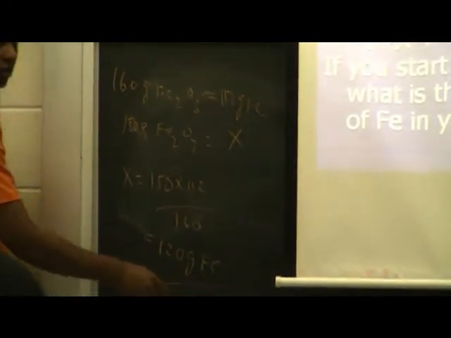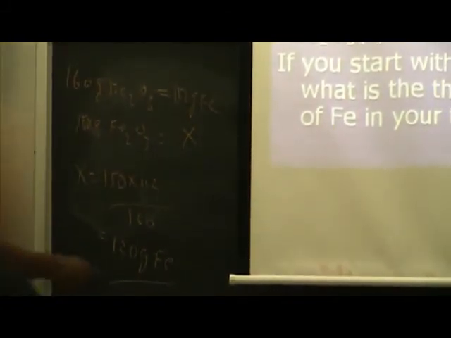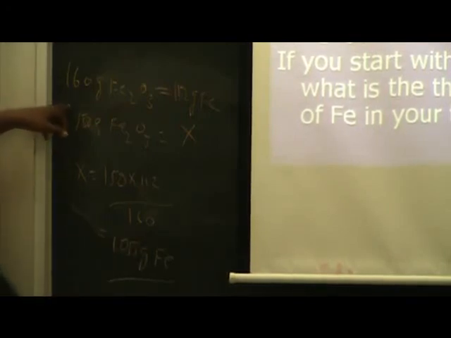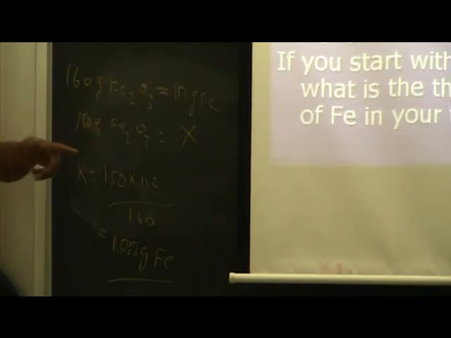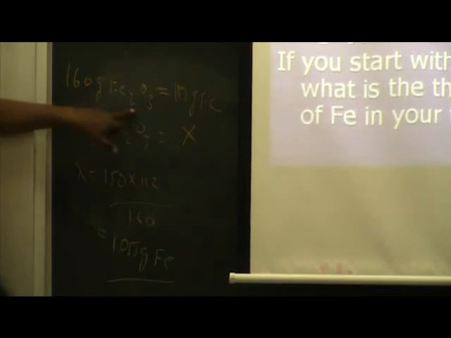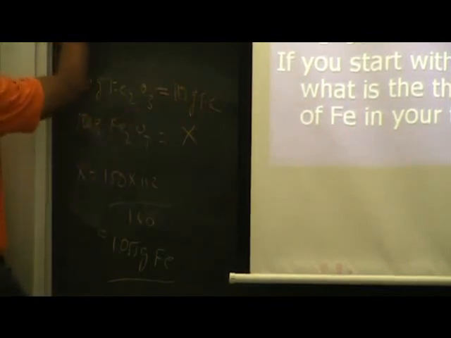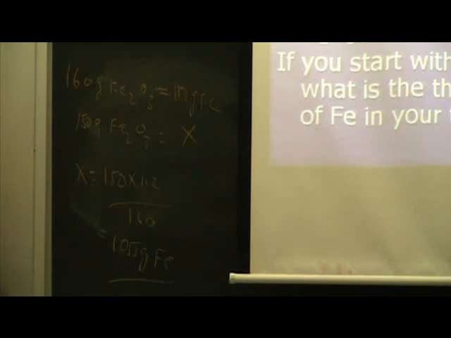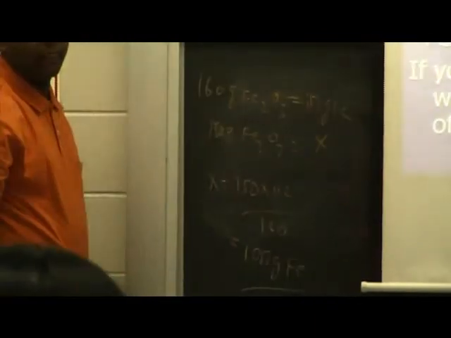Hold on, I think I did it wrong. 1 mole of iron 3 oxide gives 2 times 56, that's 112 grams of iron. 112 plus 48 is 160, so the molar mass is 160.